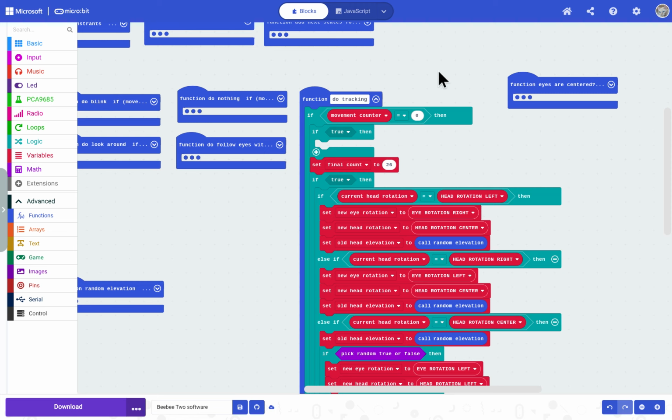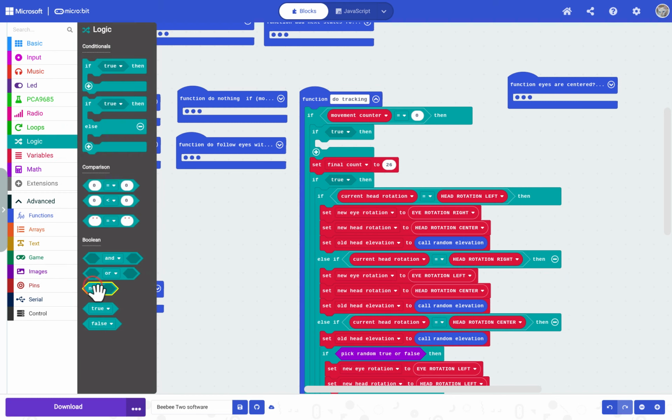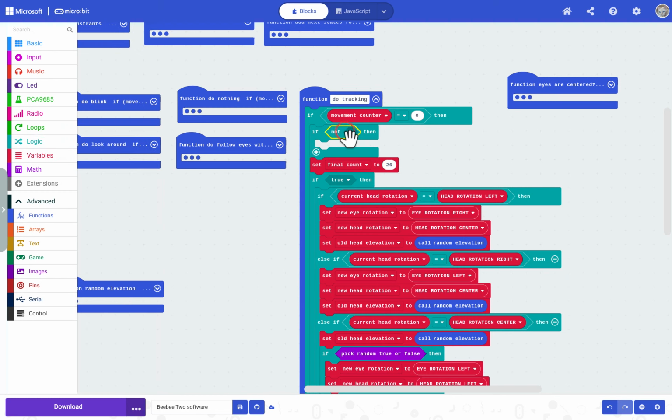I might make a completely different function to do tracking when the eyes are looking otherwise not centered. Okay. And I want this guard clause to be the case when I don't want it to run this code.